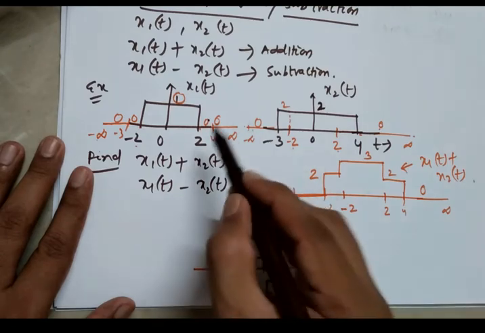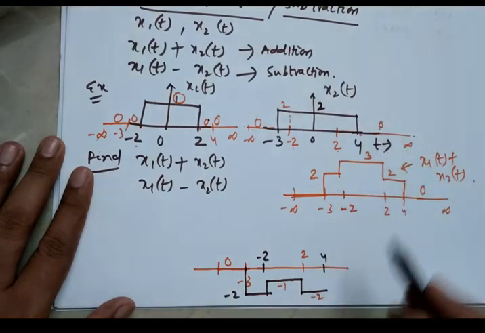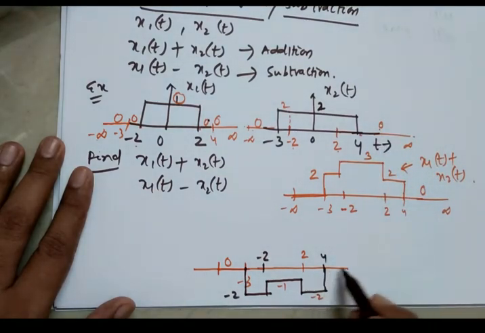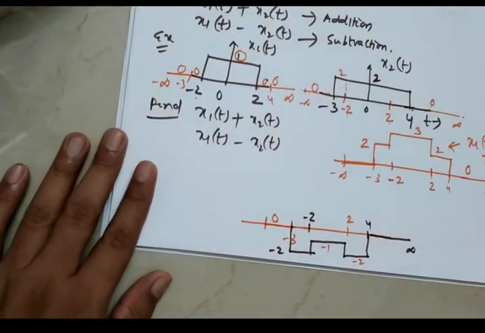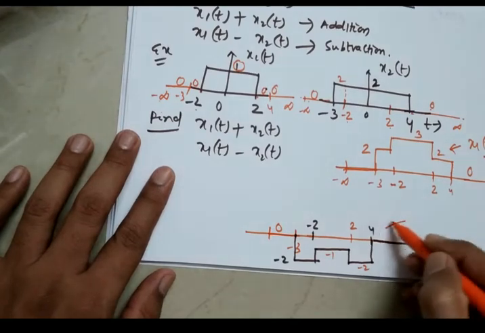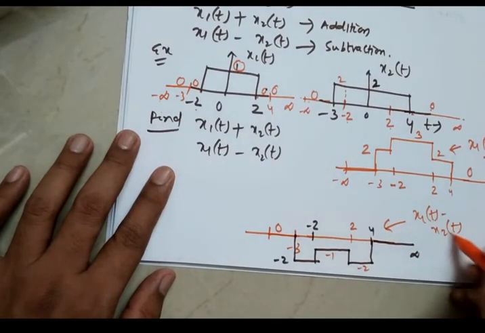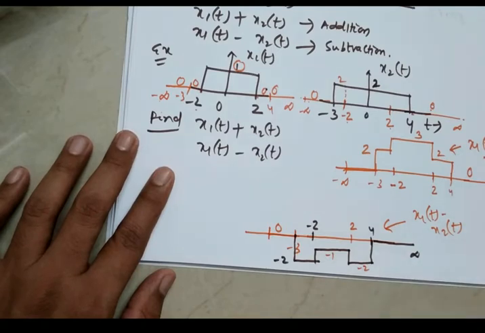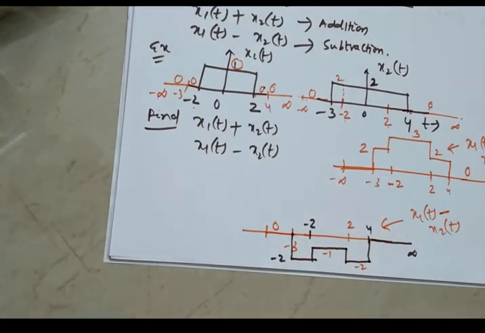Now finally from 4 to infinity, it is 0 minus 0, it is 0, up to infinity. Okay, clear? So this signal is your x1(t) minus x2(t). I hope you people understand. Clear?